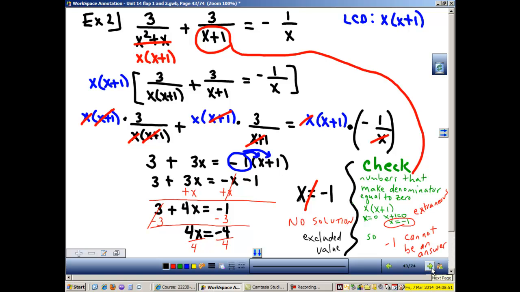Negative 1 is an extraneous solution. It cannot be an answer. Since negative 1 is an excluded value, there is no solution to this problem.